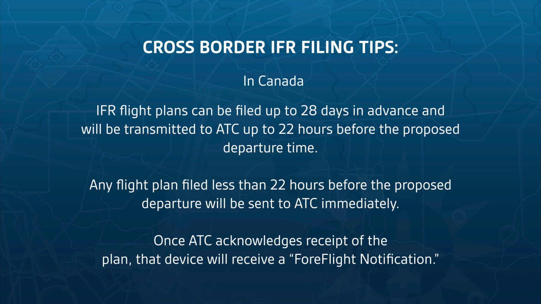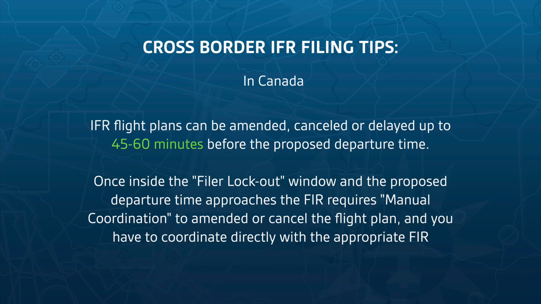If you're going from Canada to the US with an IFR flight plan, all this still applies. We hold the flight until 22 hours before, then we send it off to ATC. You'll receive a notification. The lockout windows do differ, so on average in the US it was about 47 minutes. In Canada it's between 45 and 60, depending on what FIR you're in.